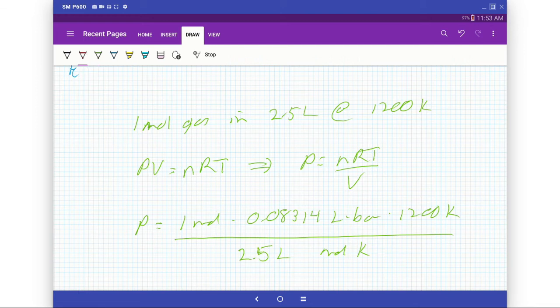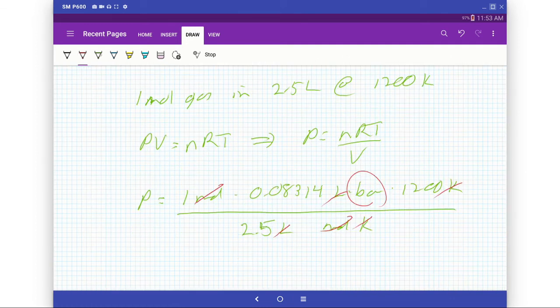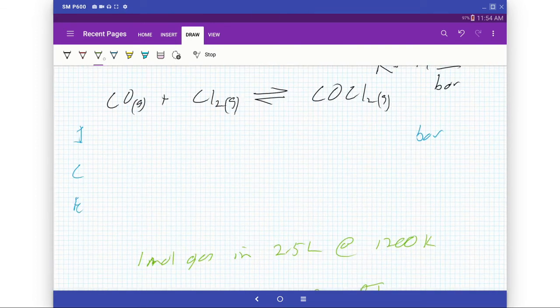Looking at the units, moles cancel, liters cancel, kelvins cancel, and we have pressure in bar, which is what we would expect, which is great. You do the algebra, and you get 39.9 bar. So that is the initial pressures of carbon monoxide and chlorine.